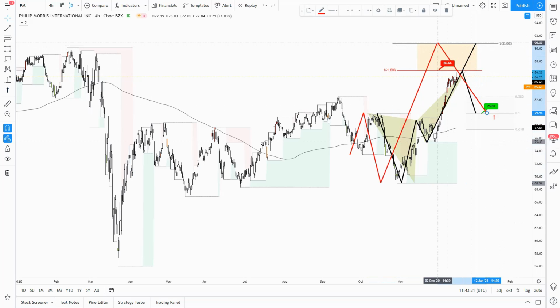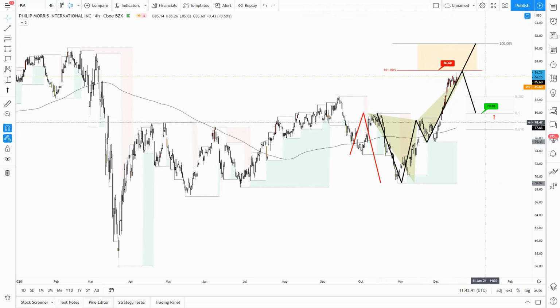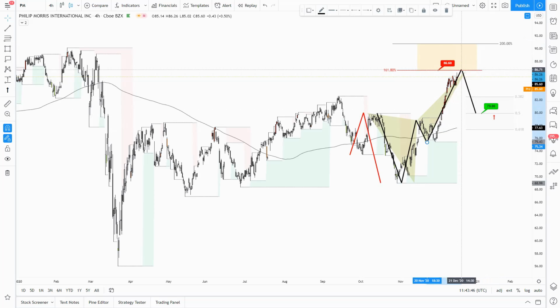I will not suggest a sell there, but if the market fills that criteria, the 50% Fibonacci retracement, that may offer an opportunity later to go up again. So the crab pattern needs to respect the golden fib.